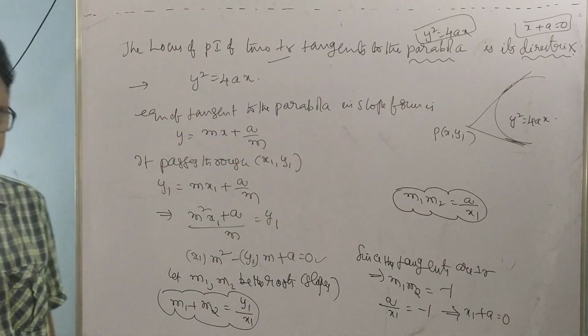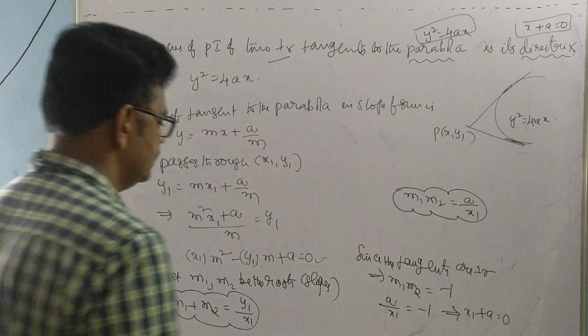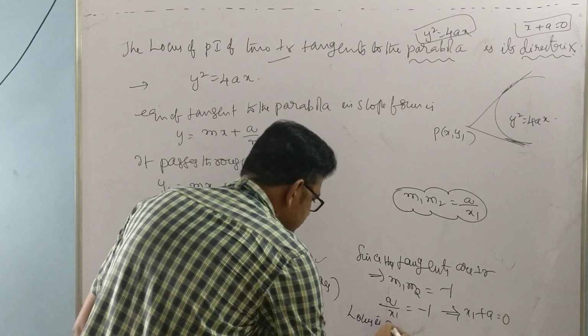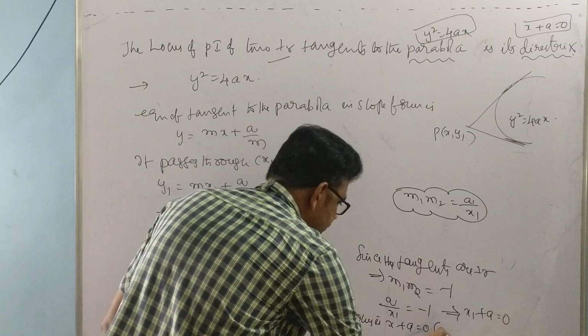Therefore, the locus is x + a = 0, which is the equation of the directrix.